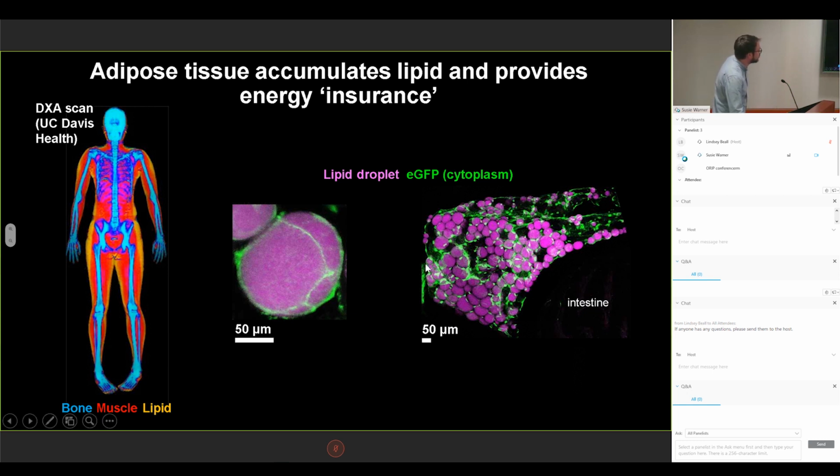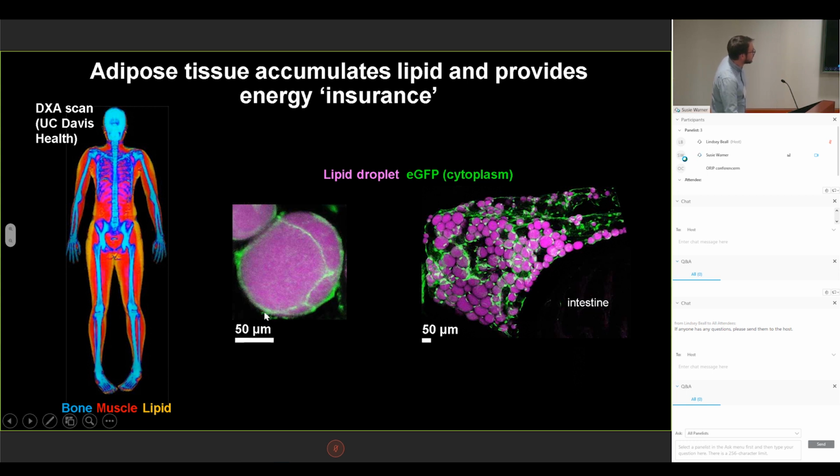Structurally, adipose tissue is formed primarily by fat cells, also called adipocytes, which are large spherical cells shown here in green that inflate with lipid and can grow to very large cell diameters.